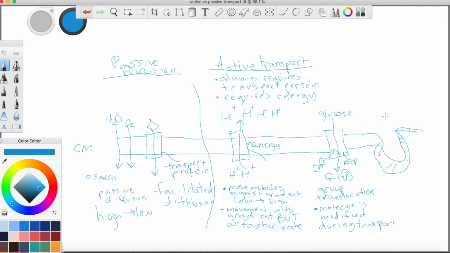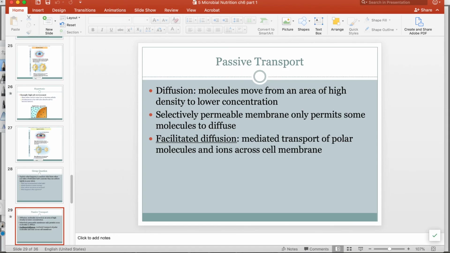And this is usually if there's some large molecule that is pulled into the cell through the process of endocytosis. This also requires energy to do this process where the cytoskeleton folds in on itself. And you can consider that part of active transport, but it's quite a unique process.